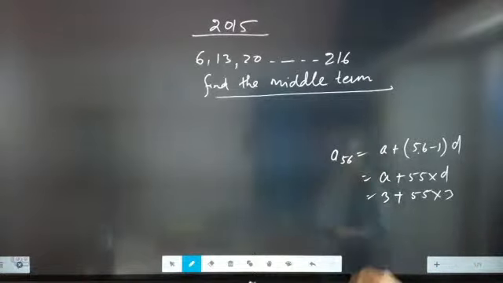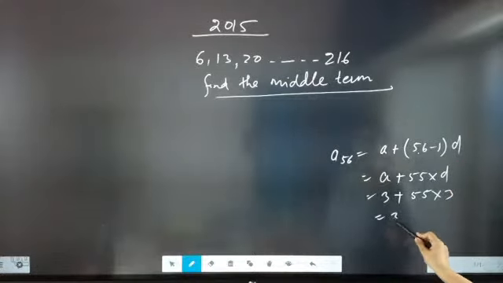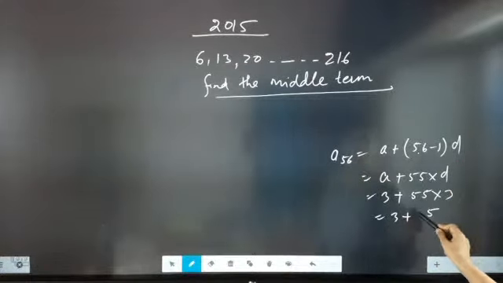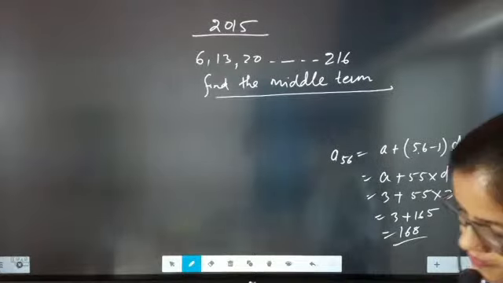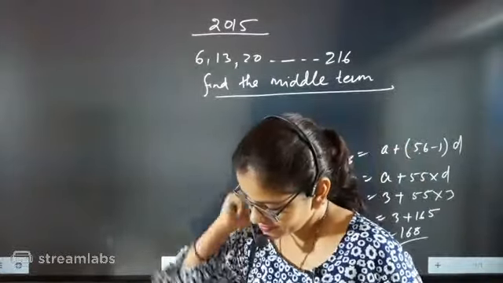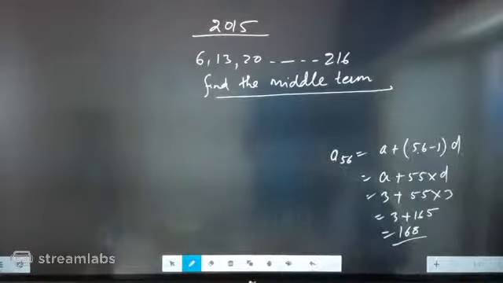If you multiply 56 into 3 minus 3 it will come, then 165, that is 168, beta. Sixteenth term is coming, then find the value. Jenny, find the 16th term value.